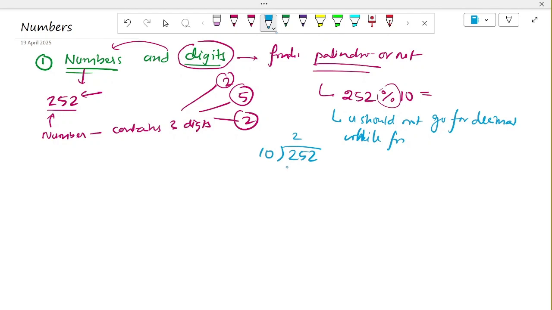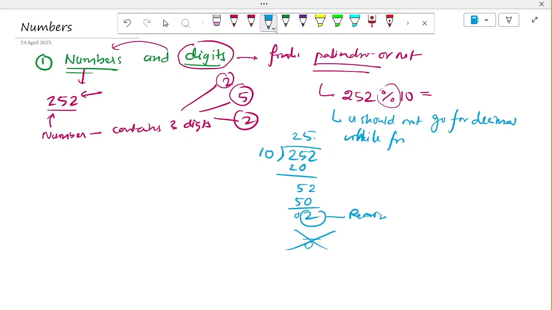Now 252 divided by 10. So 10 twos are 20. You got 5 here, then 10 fives are 50. So you are left with 2. So this itself is the remainder. You should not go for taking the decimal point here. If you take the point, the remainder will become 0. That is not the answer. That is not the remainder at all.